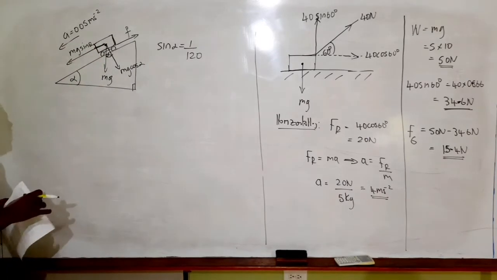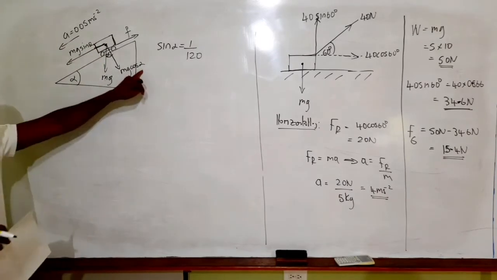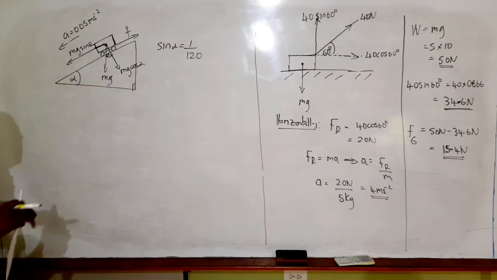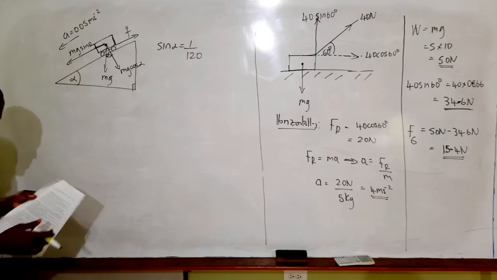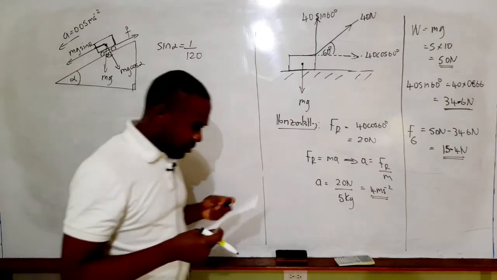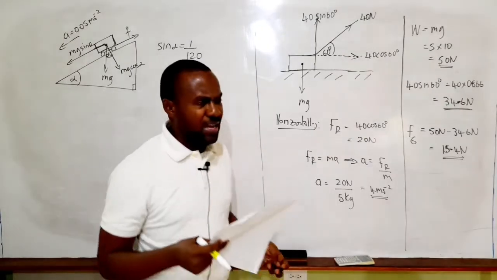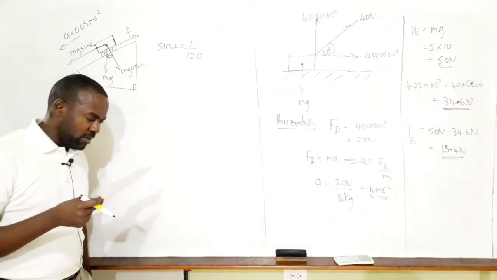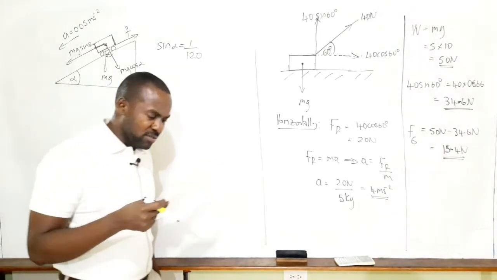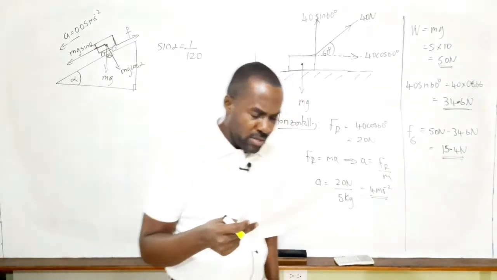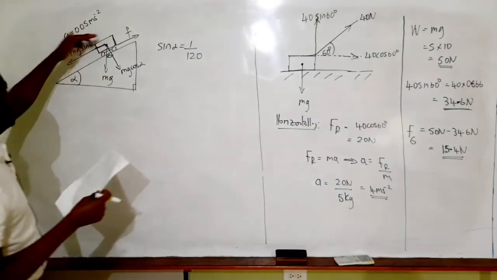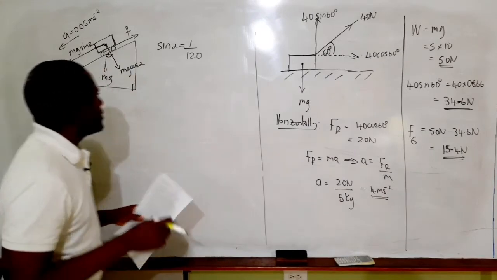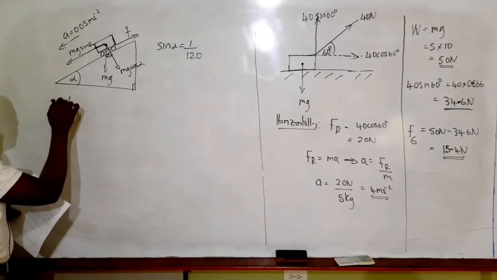So the weight has two components, one perpendicular to the slope and the other parallel to the slope. The component parallel to the slope is mg sine theta. Good? Now, there's no mention of any other force acting on the railway truck, and therefore these are the forces that we'll take into consideration, especially along the length of the plane. So let's consider the forces along the length of the plane.